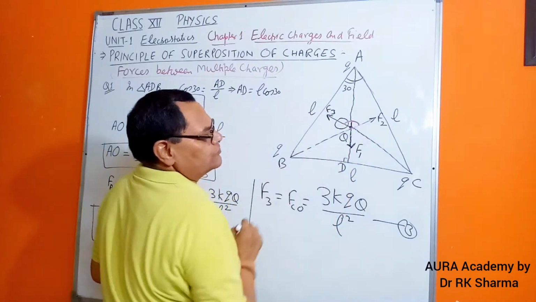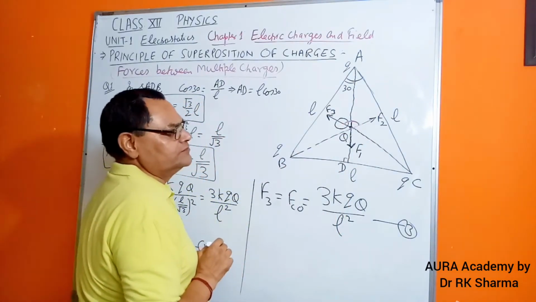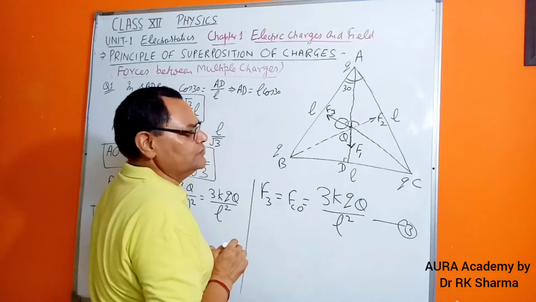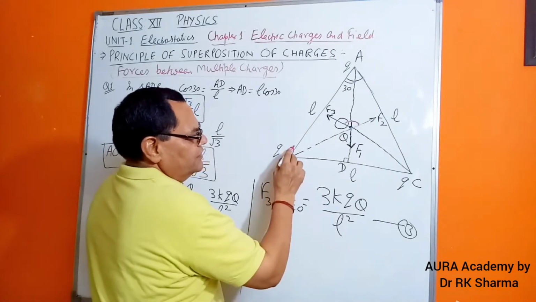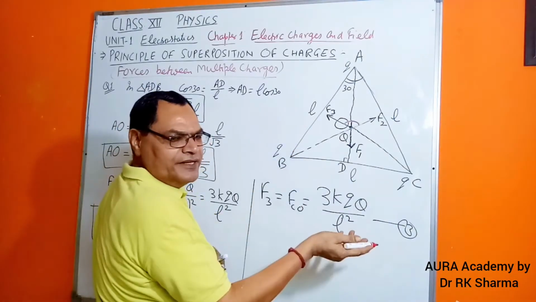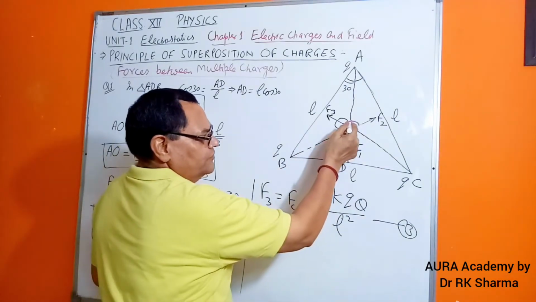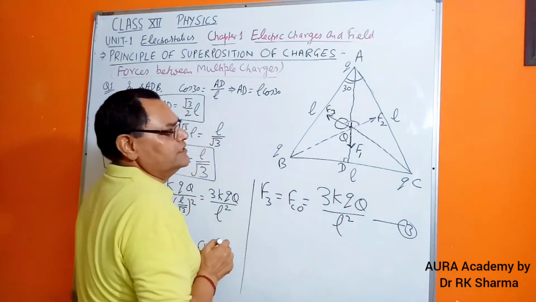If F2 is acting this way and F3 this way, what is the angle between these two? Can you tell me? I think you can. This being an equilateral triangle, there are many ways to get this angle easily.